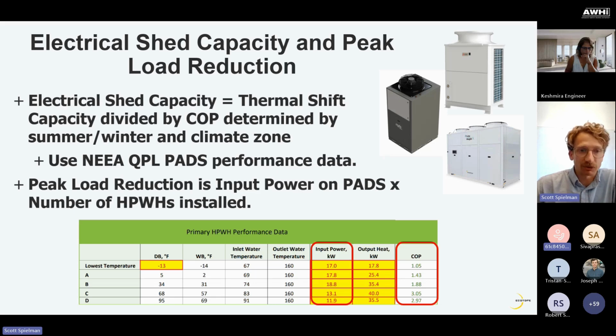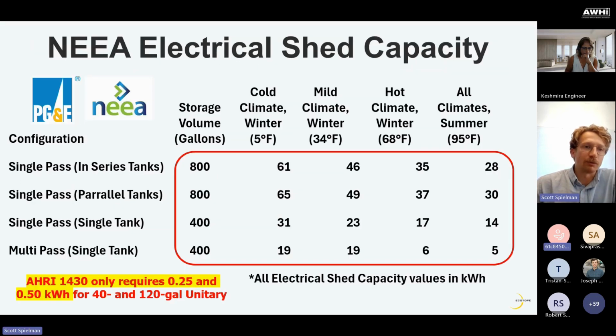And for electrical shed capacity, what we do is we take the thermal shift capacity and we divide by the COP. Our methodology for doing this is we say in the advanced water heating spec, there's 4 different climates: very cold, cold, mild, and hot.